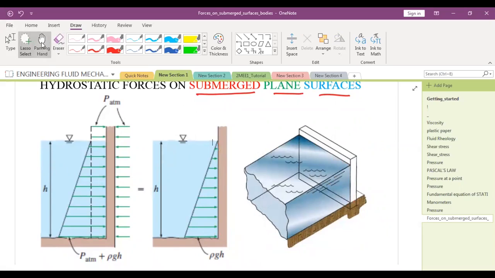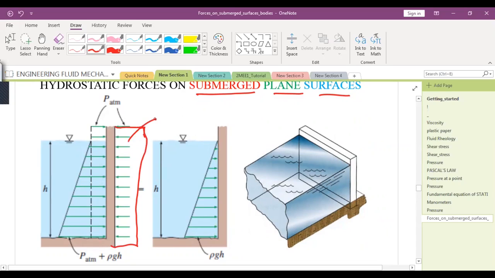Sir, if it is at an angle, inclined? Not at an angle. Suppose this is not exposed to air, and say you have vacuum here, or you have another retaining wall here, you don't have anything in between. So atmospheric pressure will not be acting here, and then you will have to consider P atmospheric in terms of P.